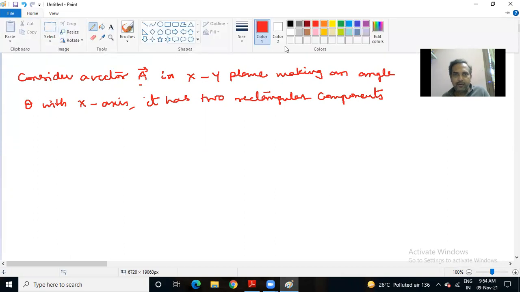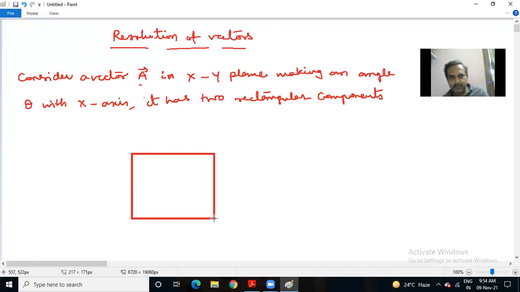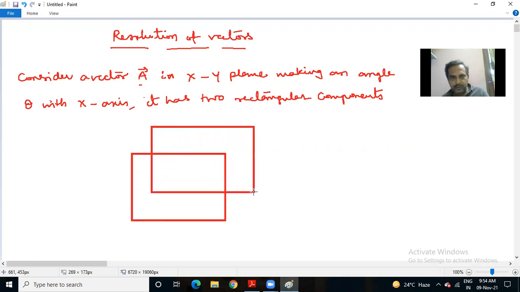So you have to take the XY plane first. How to take it? Suppose this is just like a room, or you can call it a cube. In this cube you consider the XY plane. Like this, say this is the y-axis, this is the x-axis, and this is the z-axis.